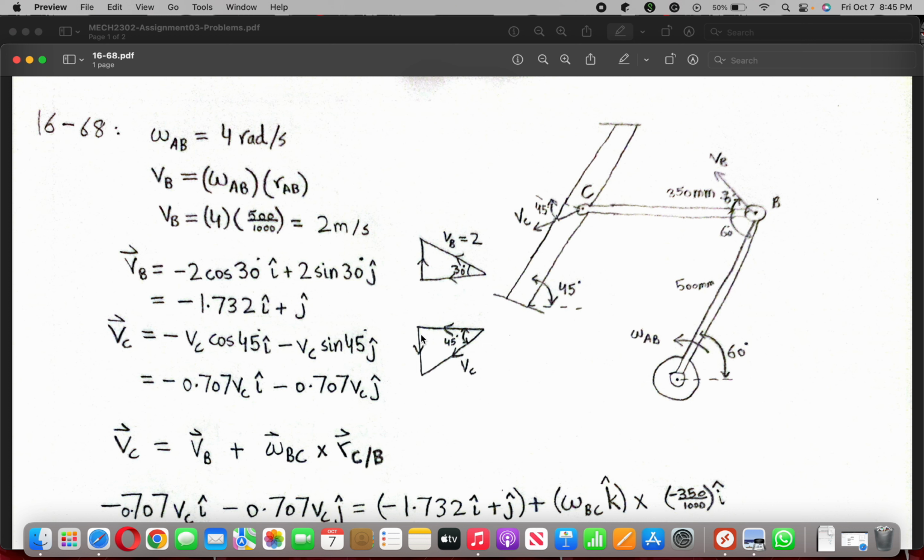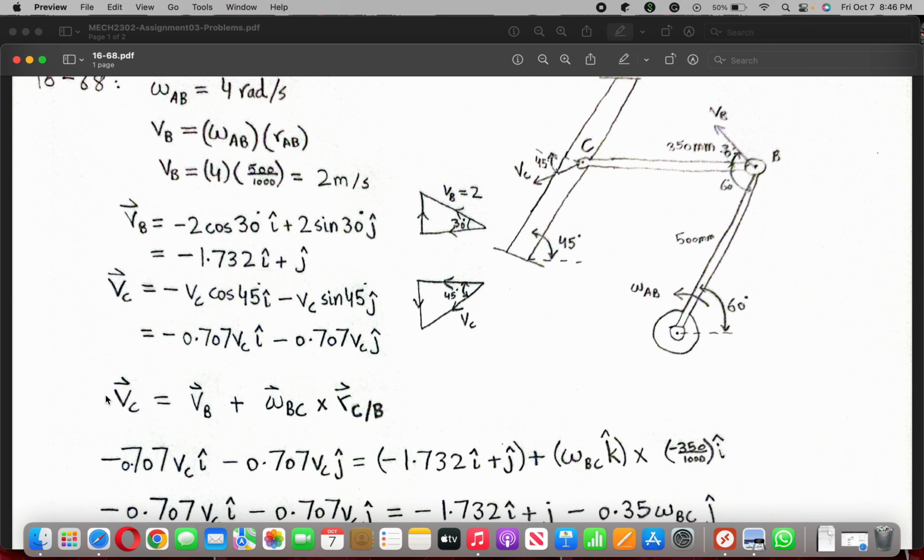We are dividing into components because later in the question we can use that in the comparison method. So we do the same as we did with VB, but in this case velocity C is written as it is because we don't know its value.